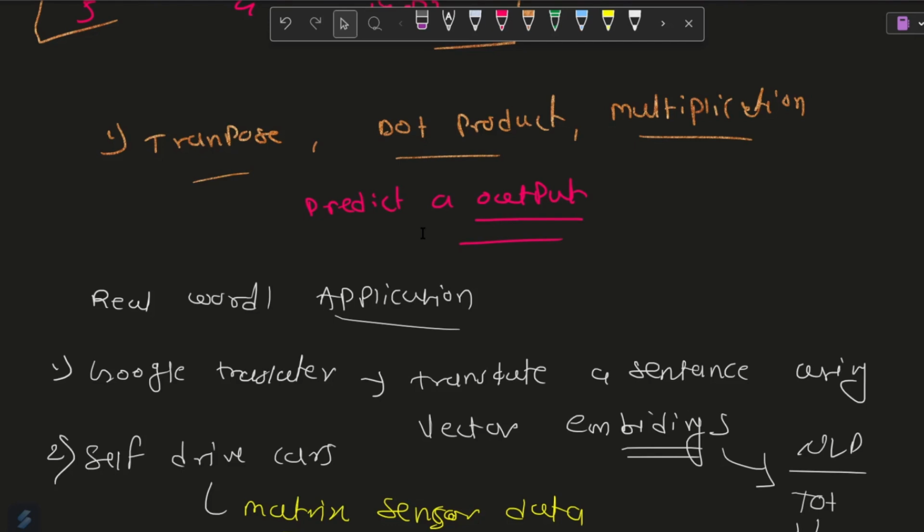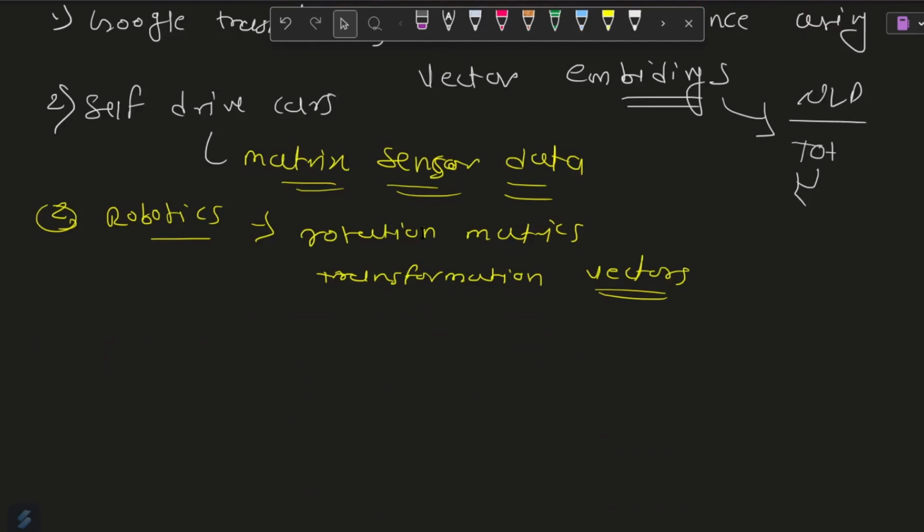Without linear algebra, you can imagine machine learning, training a model, or predicting with a model, is not possible. Everywhere you will see linear algebra is very important.